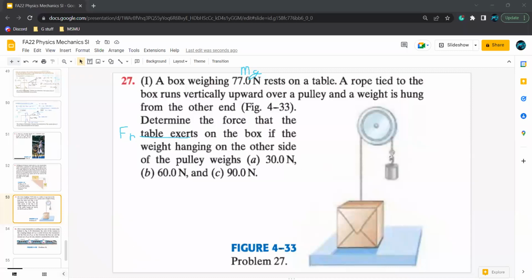And if this weight is changing, like pull. So you have here your force weight, which should be equal to your force tension here because you don't have anything going on.